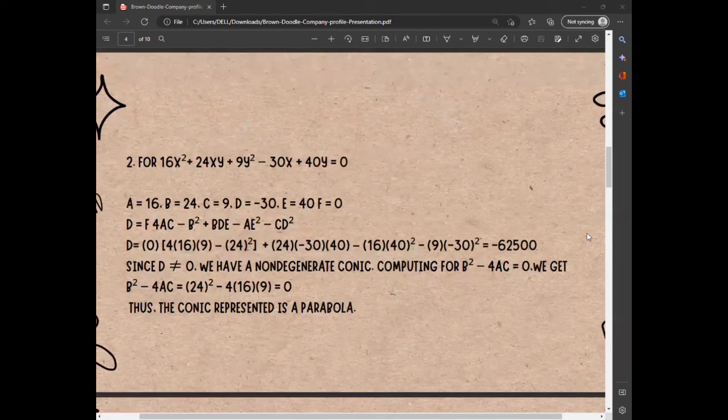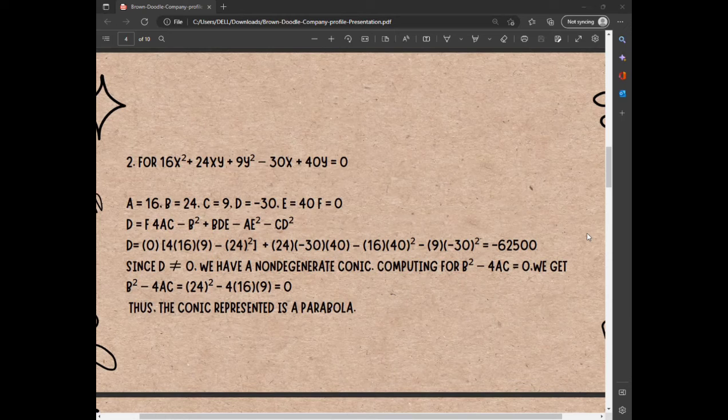So, next, B. Number 2: 16x squared plus 24xy plus 9y squared minus 30x plus 40y is equal to 0. These are the givens: A is equal to 16, B is equal to 24, C is equal to 9, D is equal to negative 30, E is equal to 40, F is equal to 0.